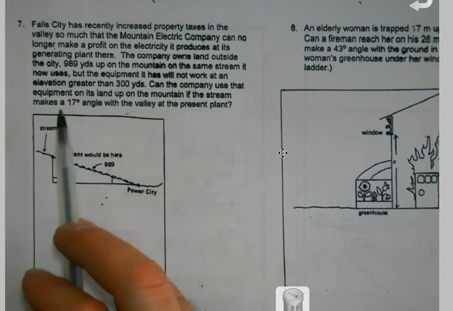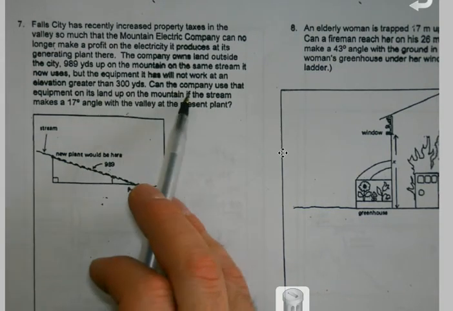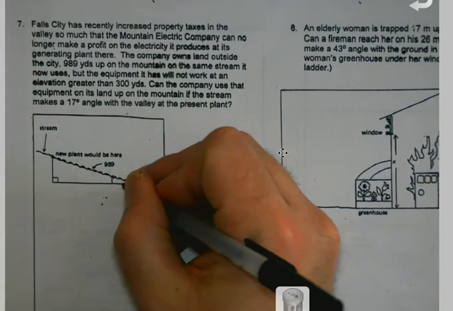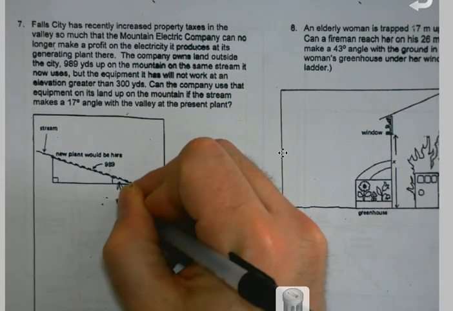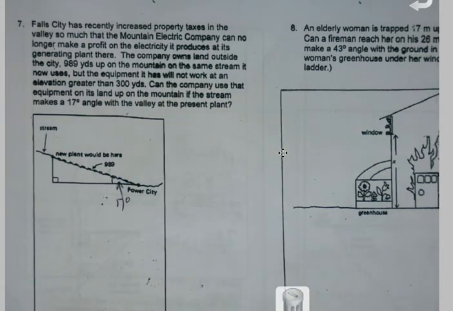Can the company use that equipment on its land up the mountain if the stream makes a 17-degree angle with the valley at its present point? Okay, notice I haven't put the 300 anywhere yet, because again, that's my question.